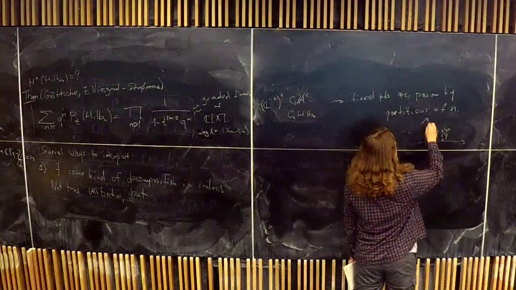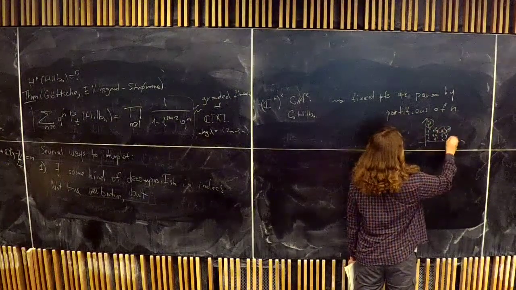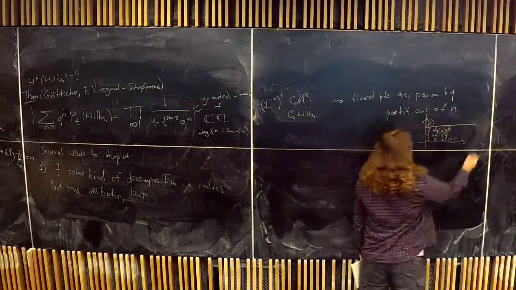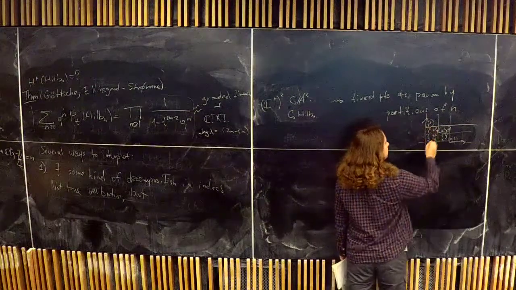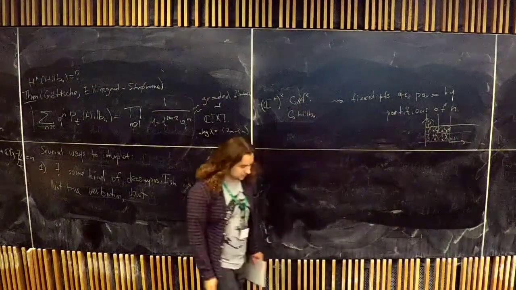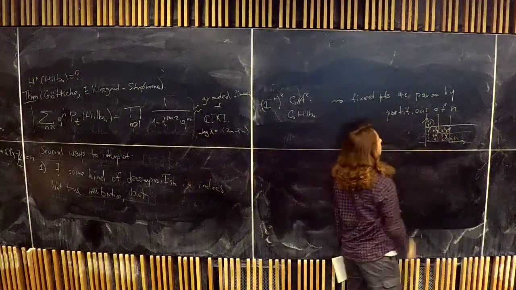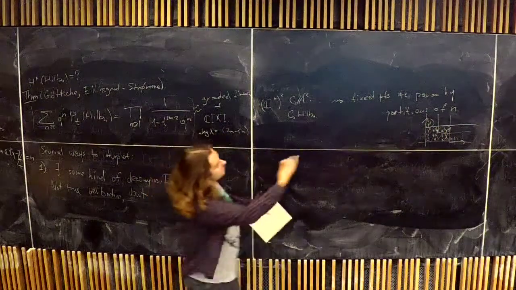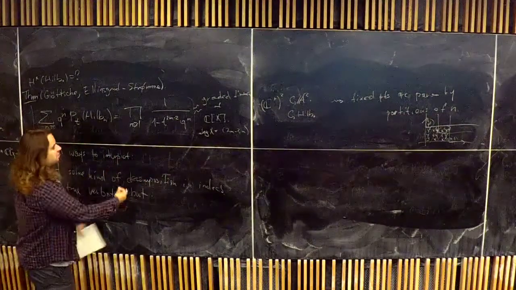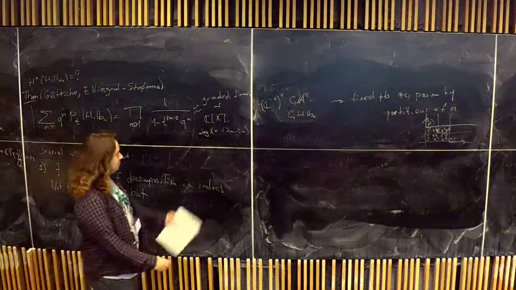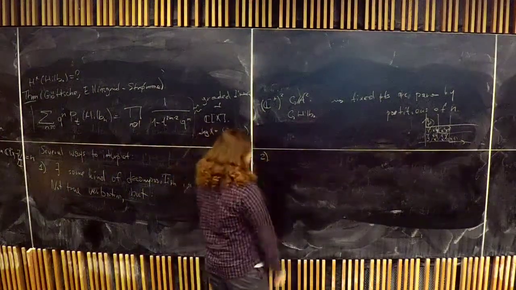So say you have an ideal generated by this monomial and this monomial. Then the quotient will be spanned by all of those monomials, and this is going to be the Young diagram for a partition. This is a very classical picture. So yes, partitions of n are what is going on here. But this is not the perspective that I'm interested in.